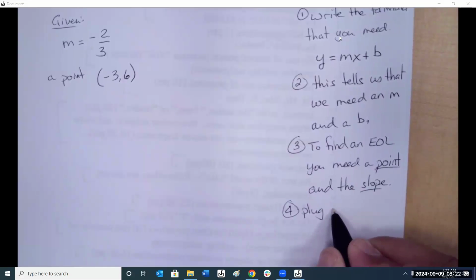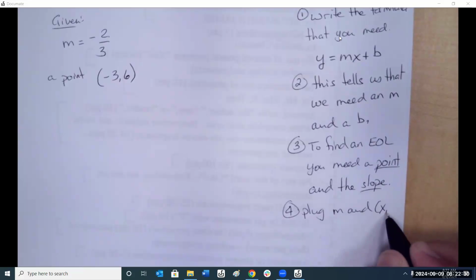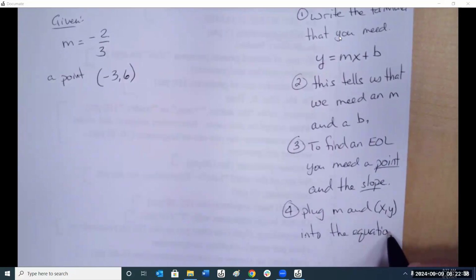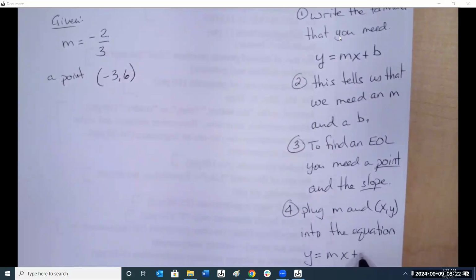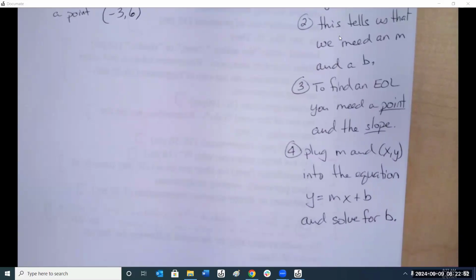Plug m and x, y into the equation, and solve for b. Since we don't have b, we have to find it.